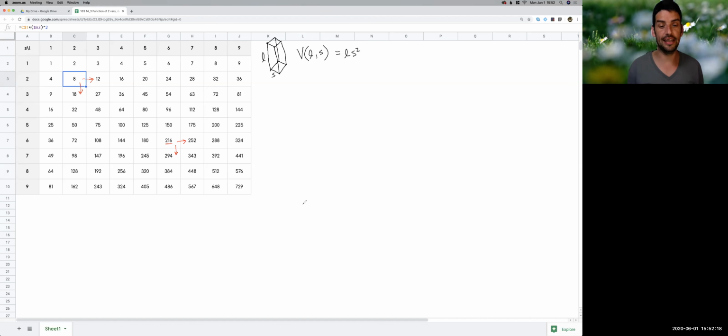So in all these cases, a change in the base has a much stronger effect on the change in the volume. So we have this idea of a rate of change, how the volume changes as the input changes, but it depends on which input we're looking at.